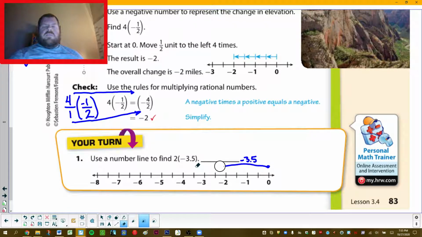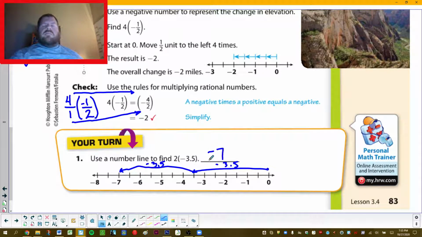I only made it 2.5. Let's try that again. So start at 0, get to negative 3.5, and then I want to go another negative 3.5. It's apparently a long ways. I end up at negative 7.